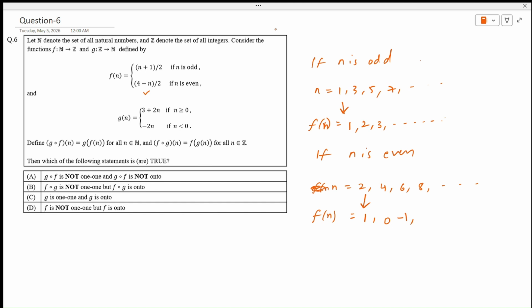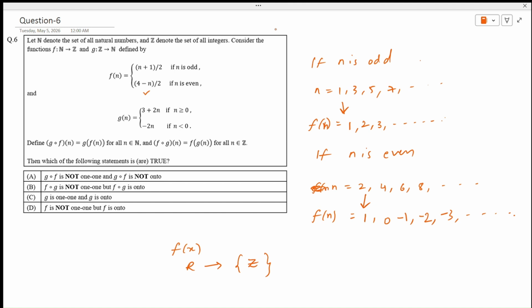For 8, we'll get 4 minus 8 is minus 4, so minus 2. And for 10, we'll get minus 6 by 2, which is minus 3, and so on. So here for f of n, the range is all the integers. So it is an onto function.